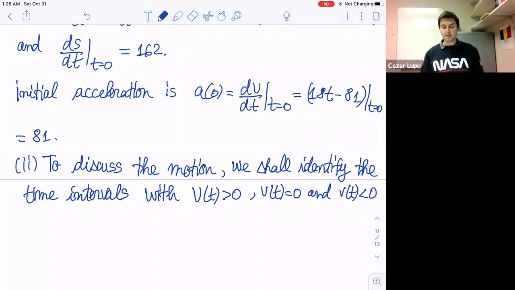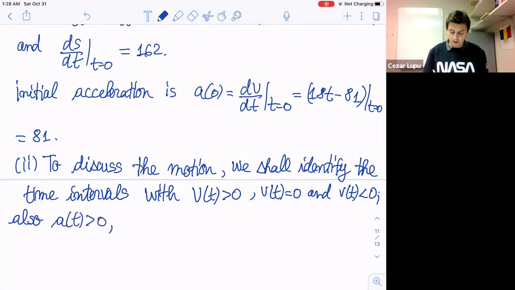So we need to identify this. Also, where a of t is positive and a of t is negative. So that's what we need to do.